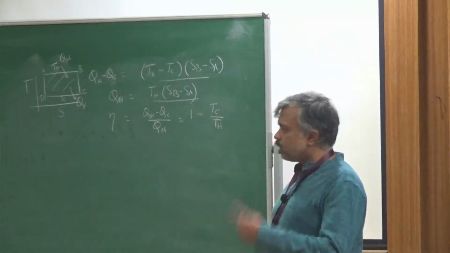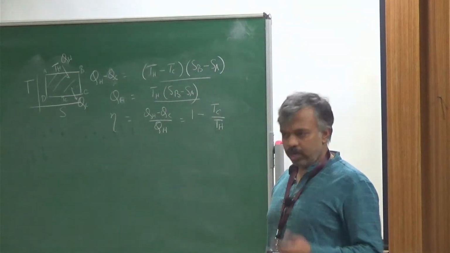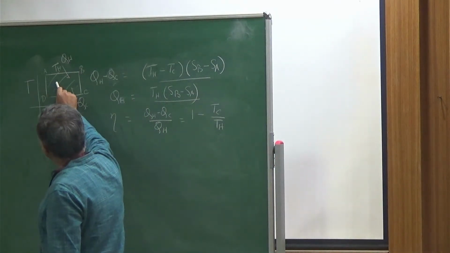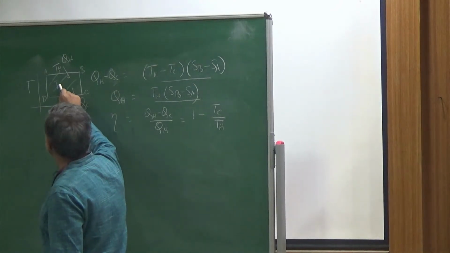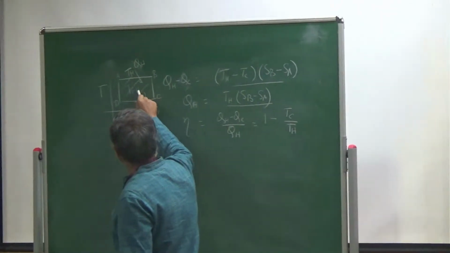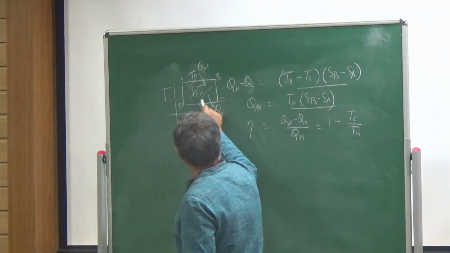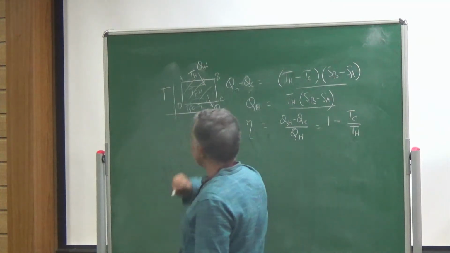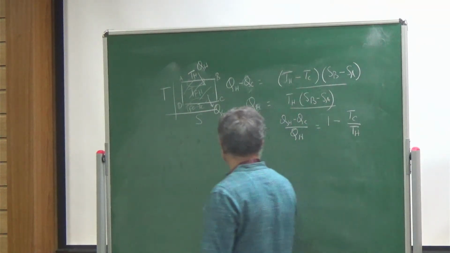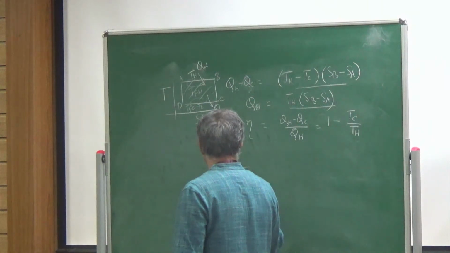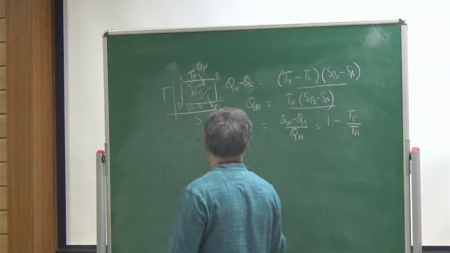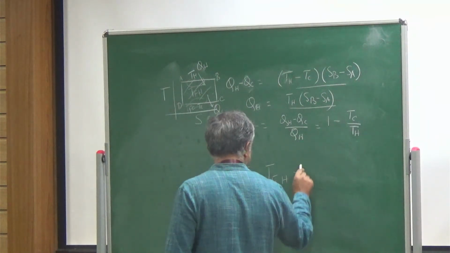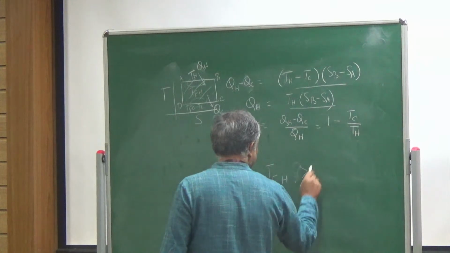We have to run the cycle irreversibly so that some heat can go. That means that the fluid inside should have a different temperature, say T_H fluid, while the bath is T_H. And while this is cold, there is T_C fluid. So there is a difference between the fluid temperature and the bath temperature. So this is TH, the bath hot temperature, and then there is a fluid hot temperature, and the difference should be greater than 0.